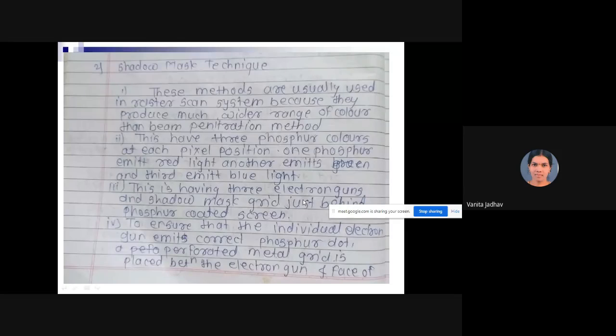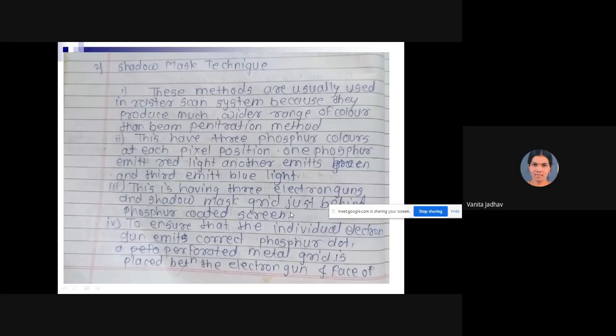This has 3 electron guns and a shadow mask grid just behind the phosphor coated screen. This is the new technology included in the shadow mask, which is not there in the beam penetration technique.